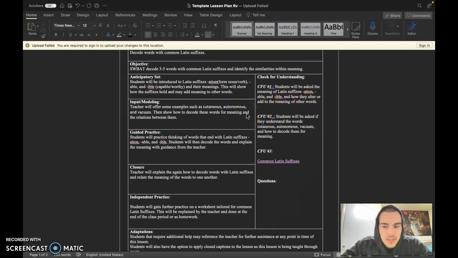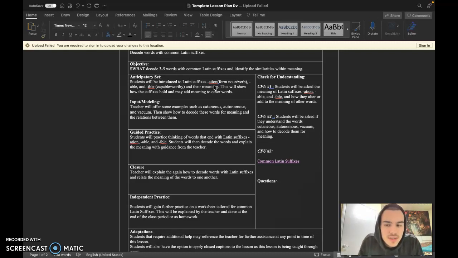This can be done by simply calling on select students, either by a show of hands or by popsicle sticks, and seeing if they're able to remember or present the meaning that these Latin suffixes hold.